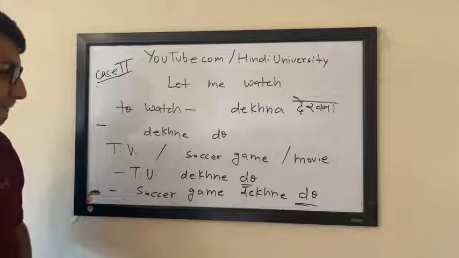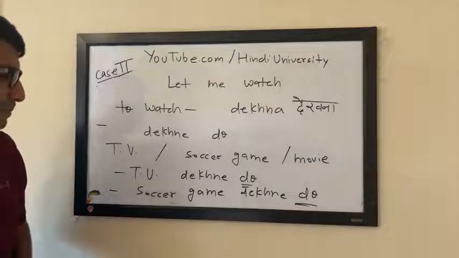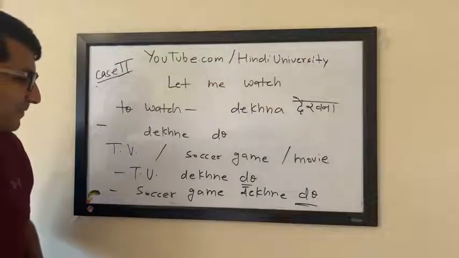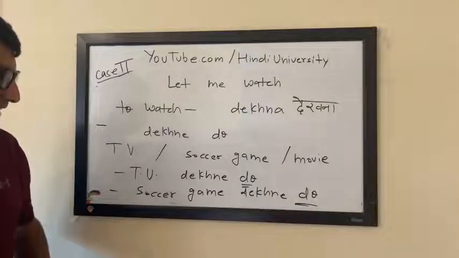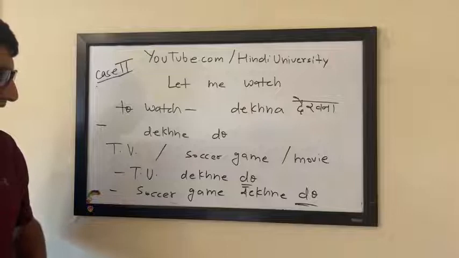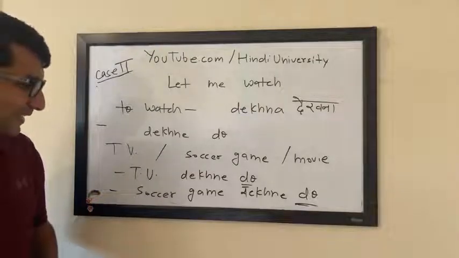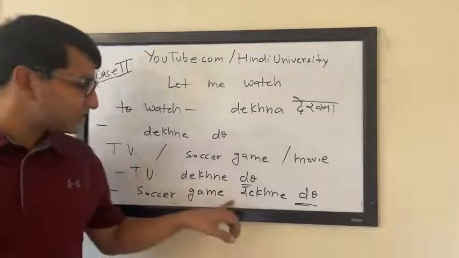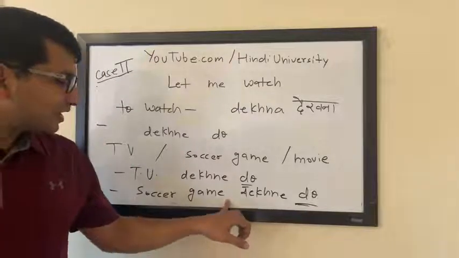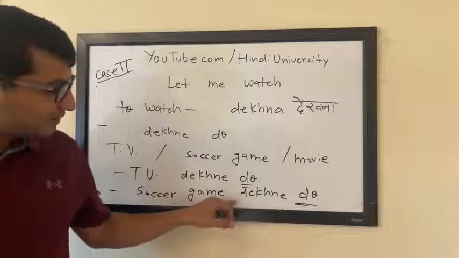Ashu ji, yeah. I don't know why I'm hearing in my head soccer game ko dekhne do, something like that. I don't know why the ko is in my head. Am I wrong, or is it hidden somewhere? What do you guys think? Her question is, she somehow is thinking soccer game ko dekhne do. Do you think ko will come here?